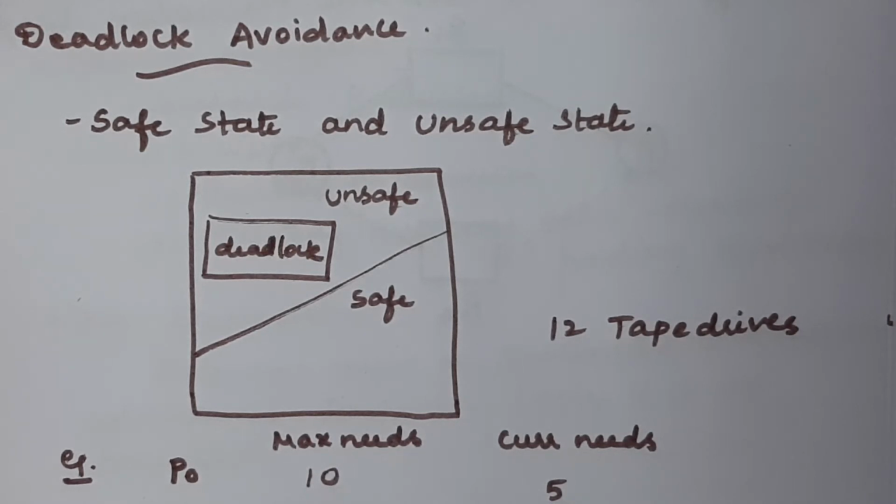So we are getting poor resource utilization in deadlock prevention, which will degrade the system throughput.